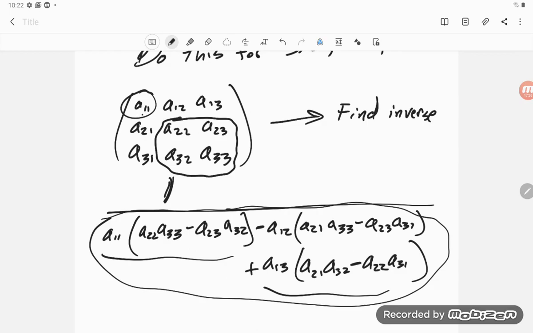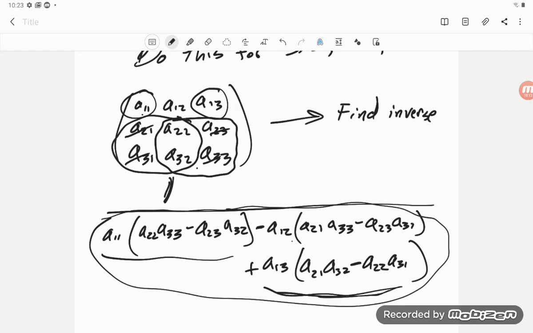Then, for this part down here, we took A13 times that determinant. And for the A12, it's a little bit harder to see, but in this case, we took a minus A12 times the determinant of that submatrix.